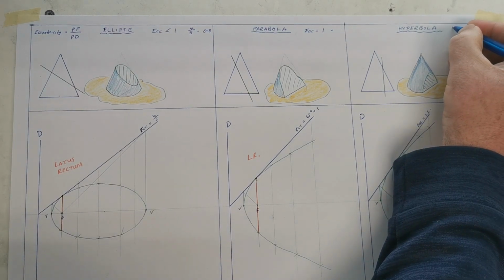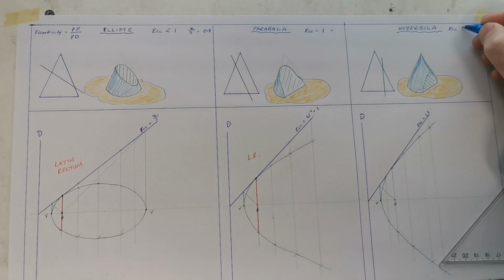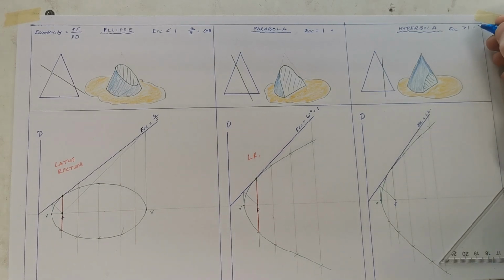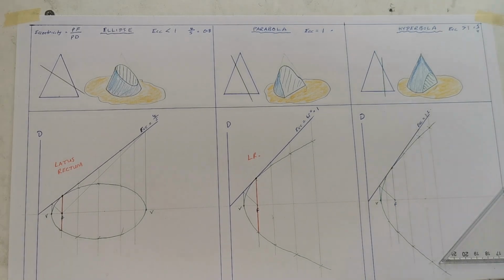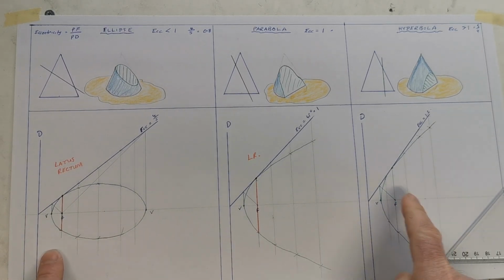And for the hyperbola, the eccentricity is always greater than 1. So it might be something like 3 over 2 or 5 over 4, something like that. Okay, so that is a very good revision sheet for just drawing all of those 3 sections using the eccentricity.